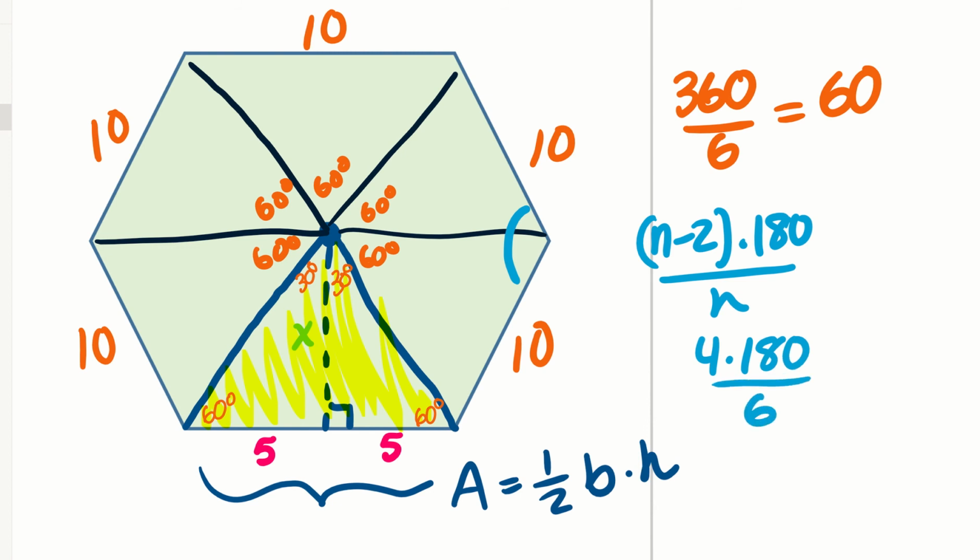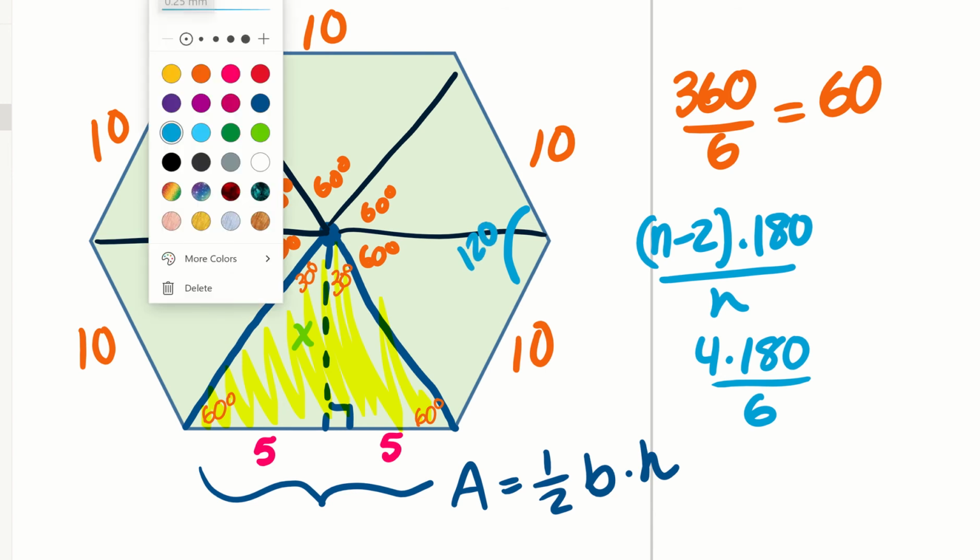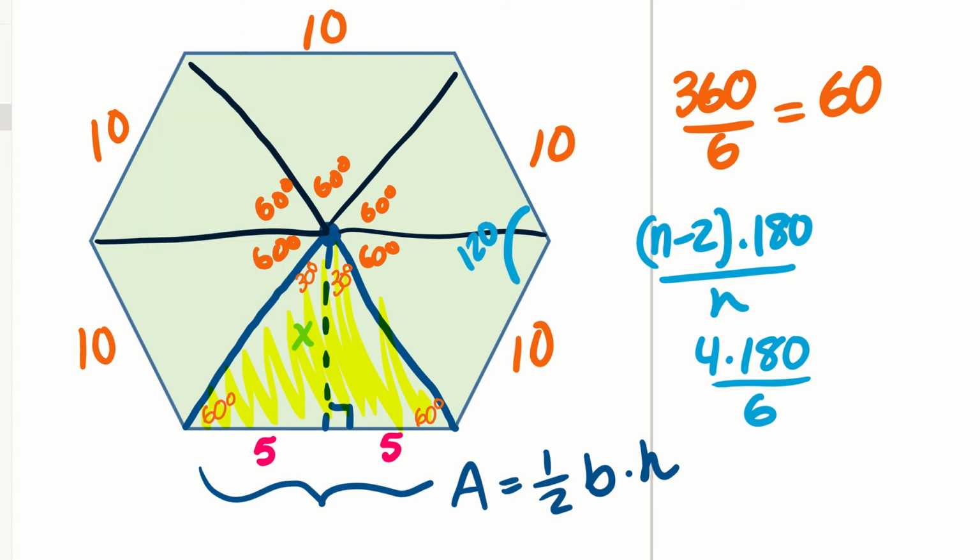And sure enough, when I plug that into a calculator, I get that this angle is 120 degrees, which makes perfect sense because my radius is going to cut this vertex exactly in half and create 2 60-degree angles.